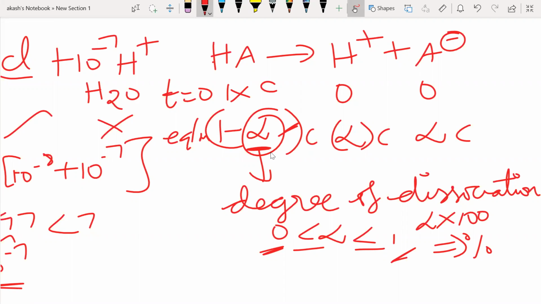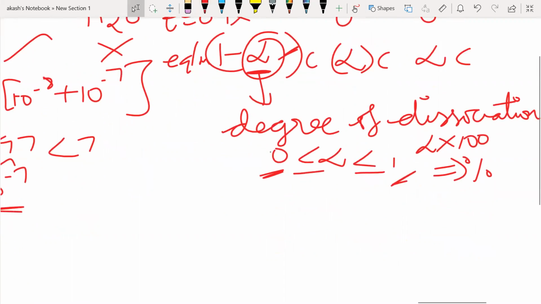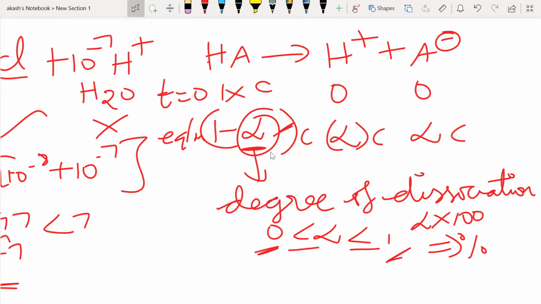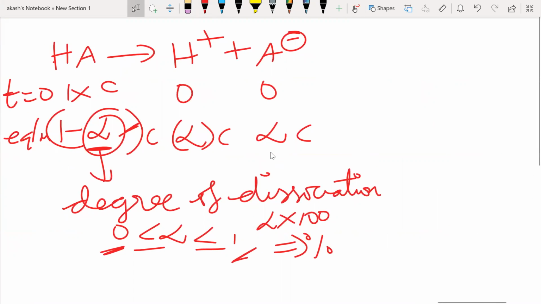Now let me write what you're telling. Someone was telling the acid dissociation constant, and that's what we are going to see now. The dissociation constant is what is called Ka. Ka is called the dissociation constant of the acid.